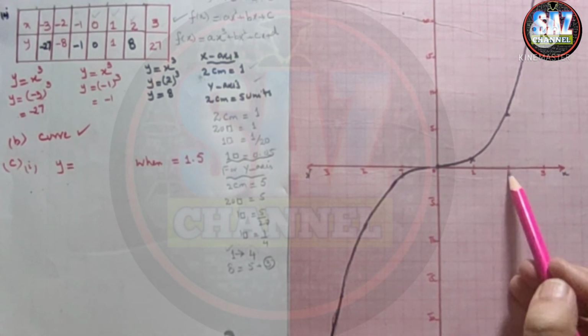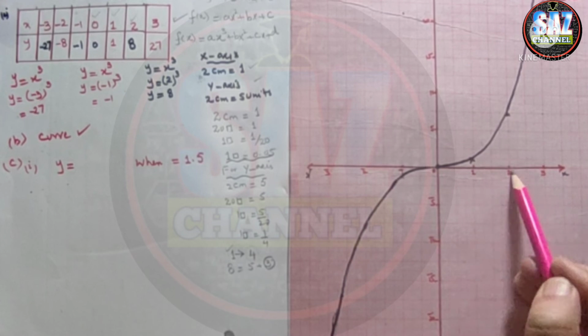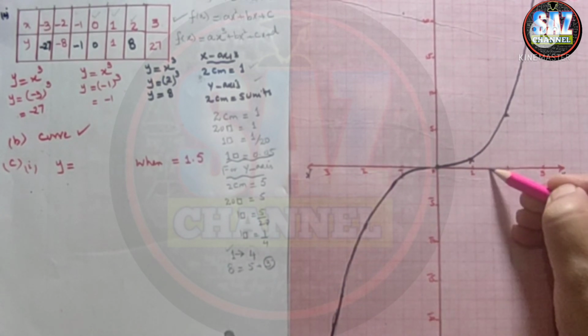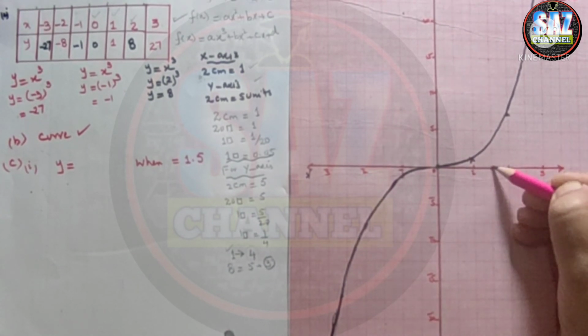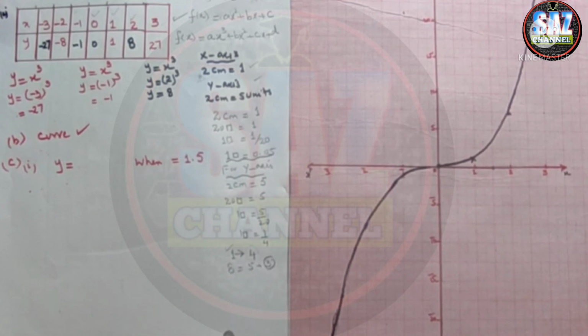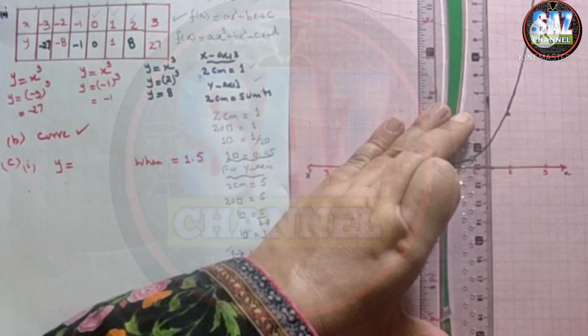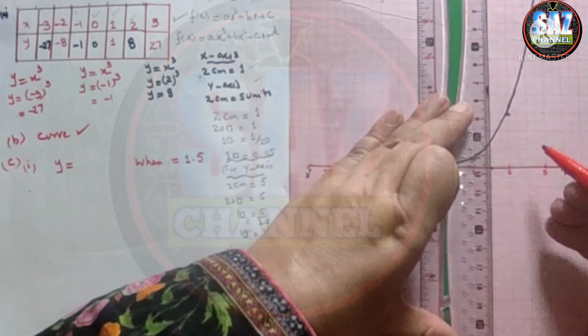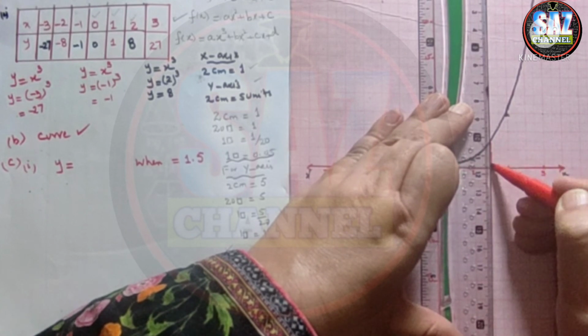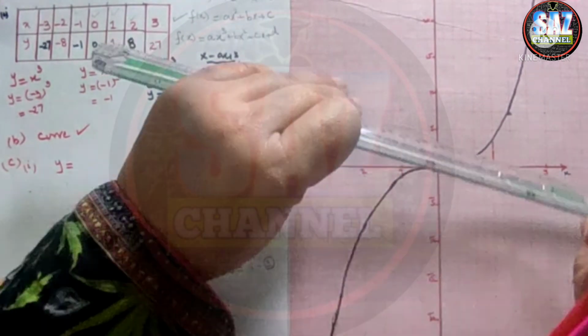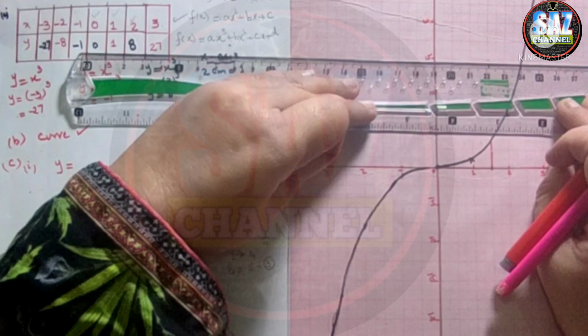See, 1.5 will be coming right in between 1 and 2. This is the place for 1.5. Now drop the perpendicular towards the curve, so that it meets your already drawn curve. This is 1.5.